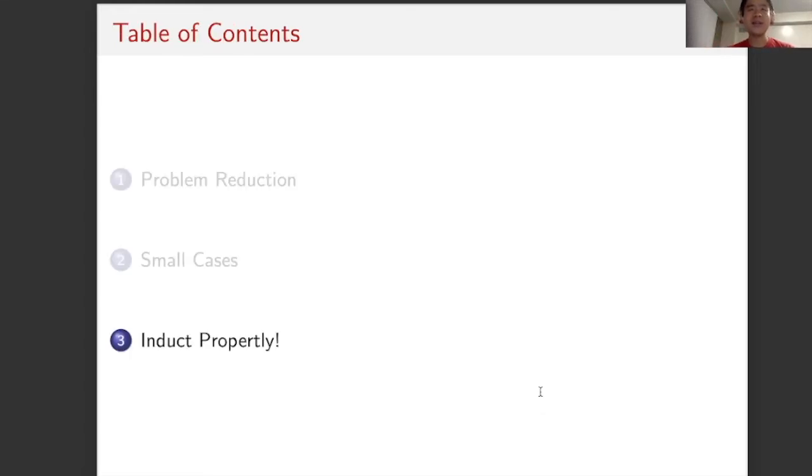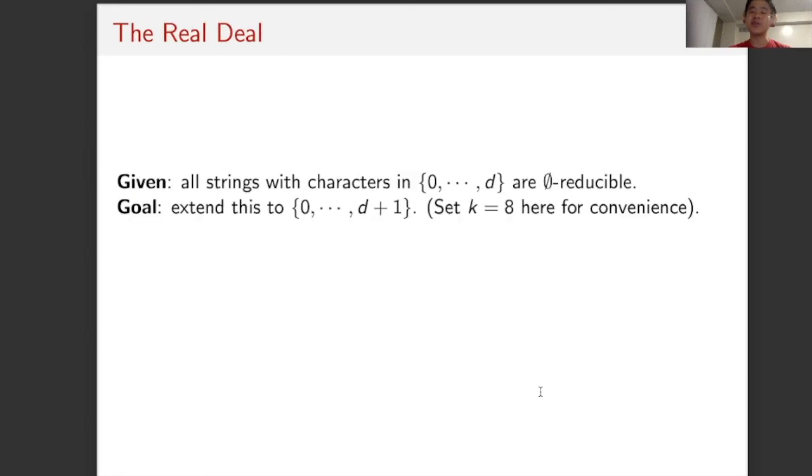Now, the next thing is to induct properly. So in general, you might be able to see that, okay, from binary string, you want to extend this statement to maybe strings that contain only 0, 1, 2, and then from 0, 1, 2, you want to go to 0, 1, 2, 3, and so on.